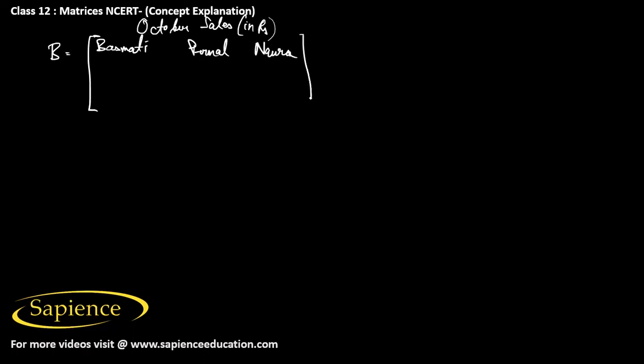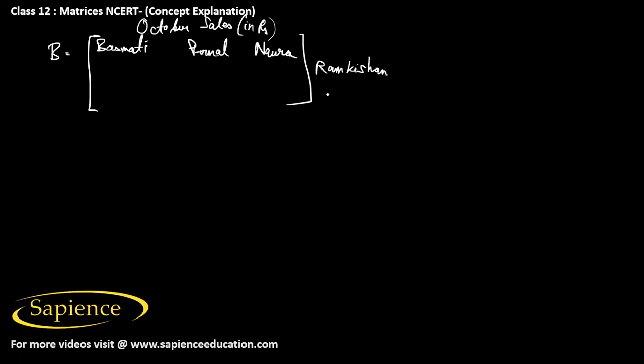Then the matrix B represents the October sales in rupees for the three varieties of rice. One is basmati, and then permal and nora. So the first row is for Ramkishan.